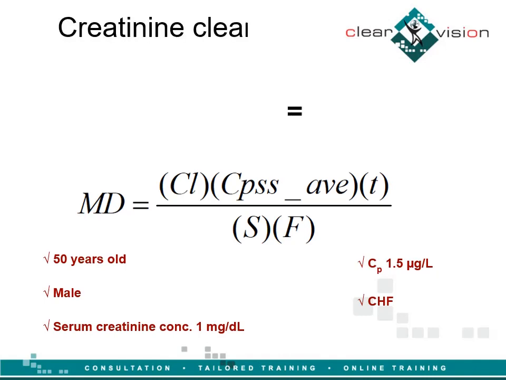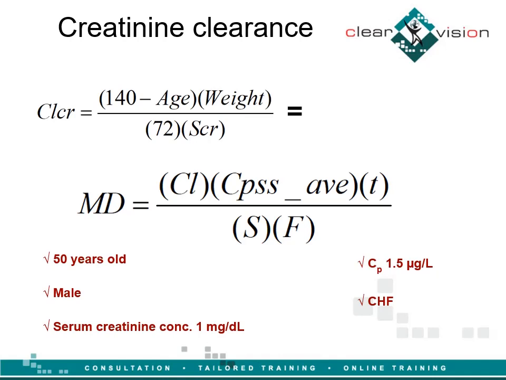First, we need to calculate creatinine clearance. We will use this equation where all variables are available. Solving this equation will result in creatinine clearance equal to 87.5 ml per minute.